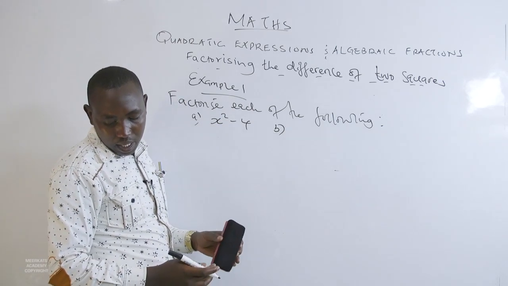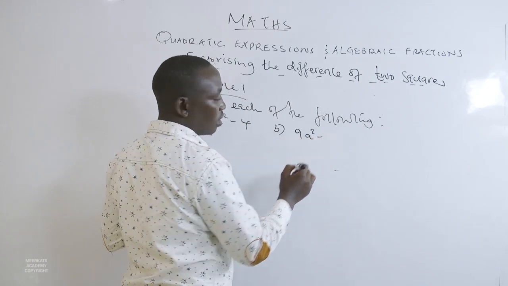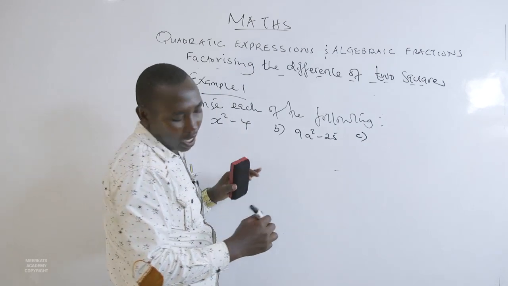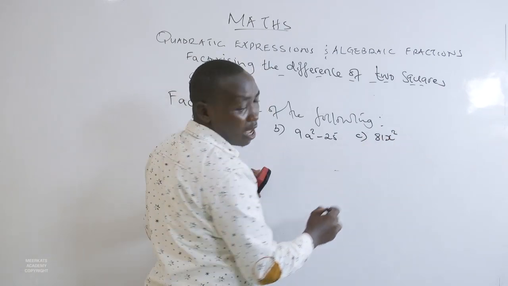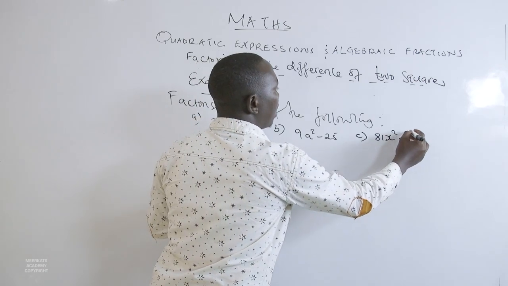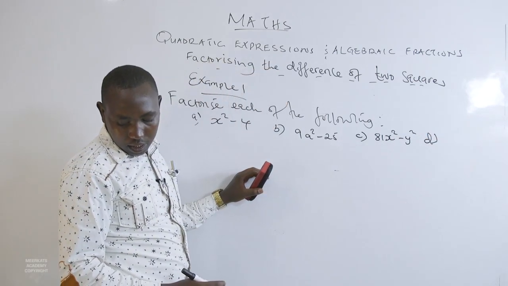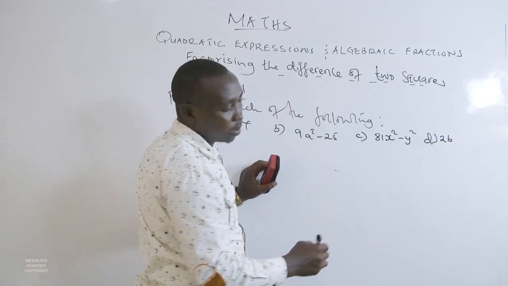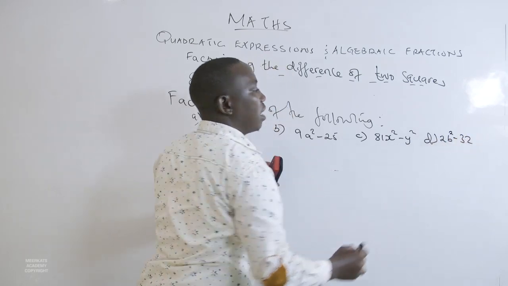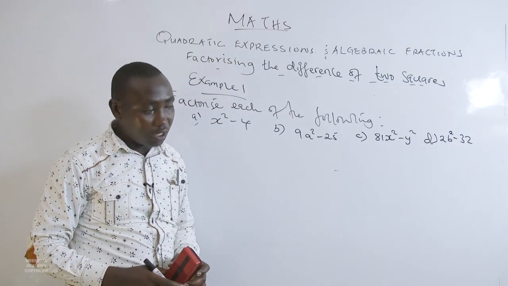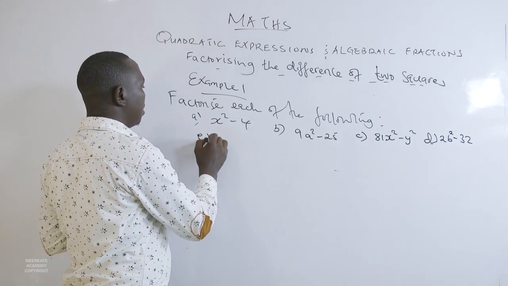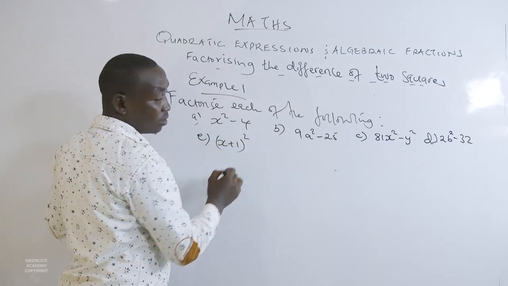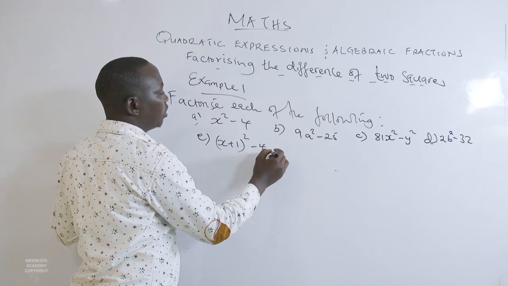Number B, 9a squared subtract 25. Number C, 81x squared minus y squared. D, 2b squared subtract 32. Then E, x plus 1 squared, we subtract 4.